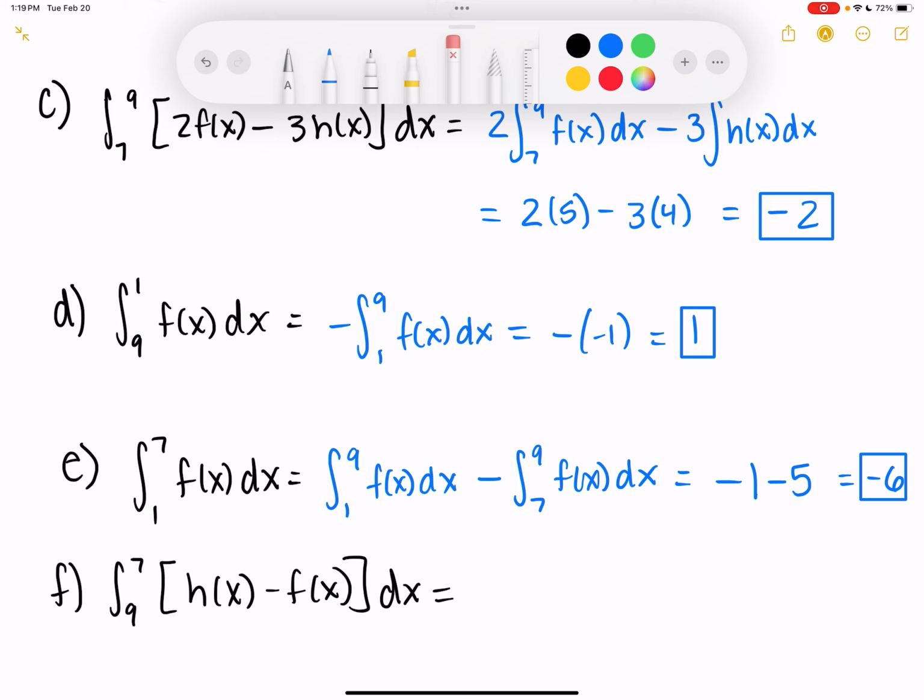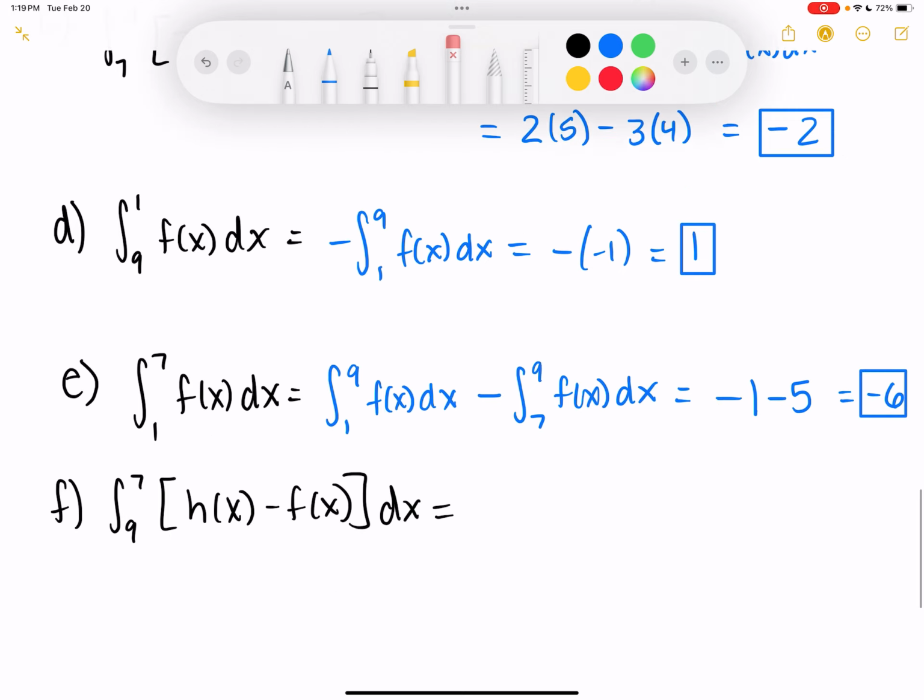We have to flip. Can you break it out? Sum and difference? Is that what you're saying? Yeah. So I'm going to go ahead and write it that way. Leave the integral as it is for right now. So the integral from 9 to 7 of h of x dx minus the integral from 9 to 7 of f of x dx.